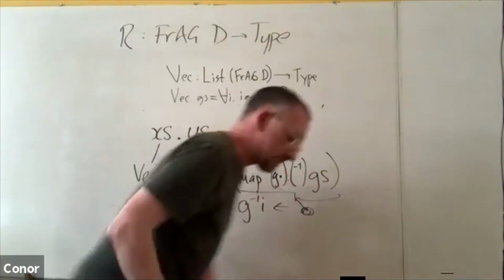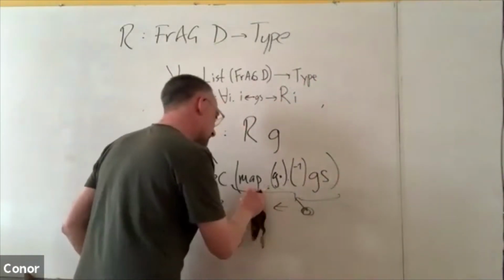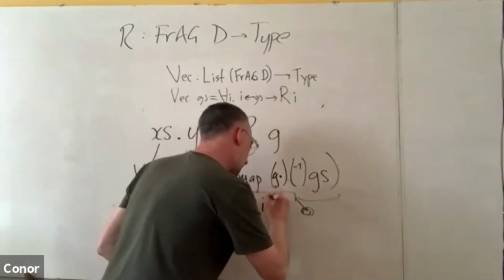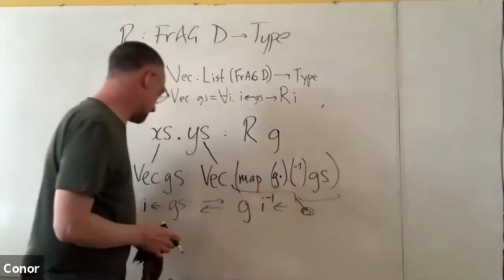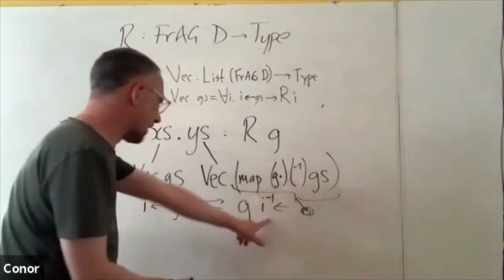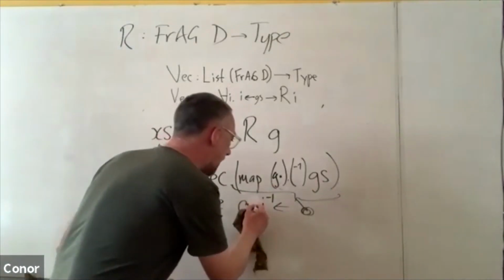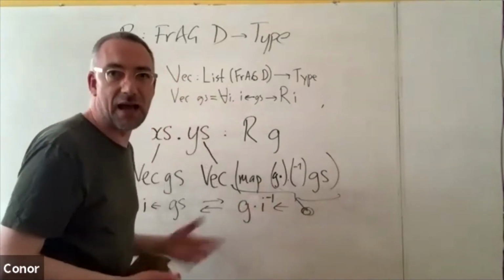Oops. Which gives me exactly the inverse on my I instead. So here, when I've picked out an I from here and a G I inverse from here, and I multiply them, I get exactly a G.